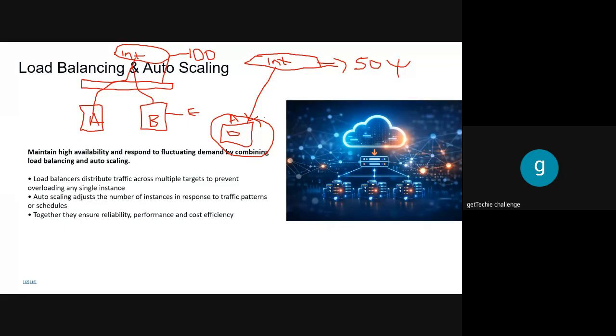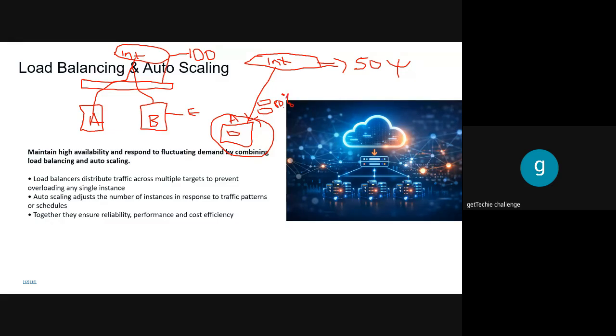So now, what can we do? We put in a load balancer, and that's what auto scaling is all about. We configure auto scaling so that if traffic is hitting you and it's getting too much, and you notice your CPU and memory are getting to 80%, or let me just say 70% utilization, that is the cry for help.